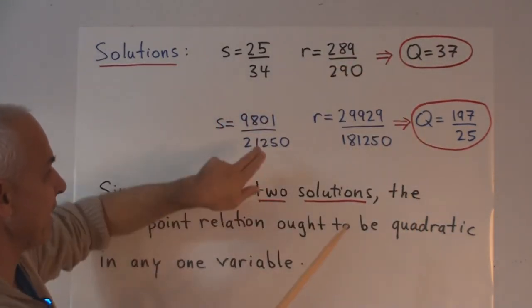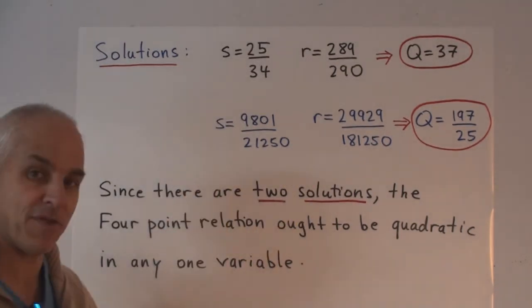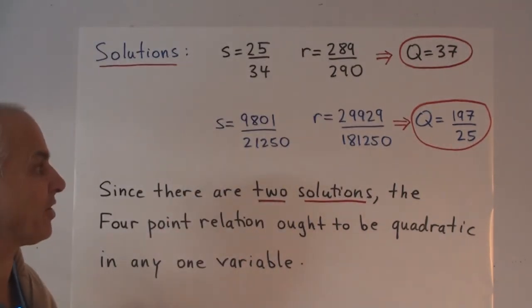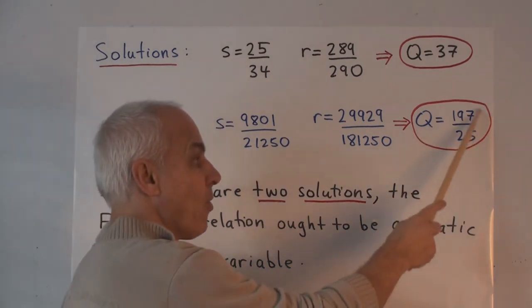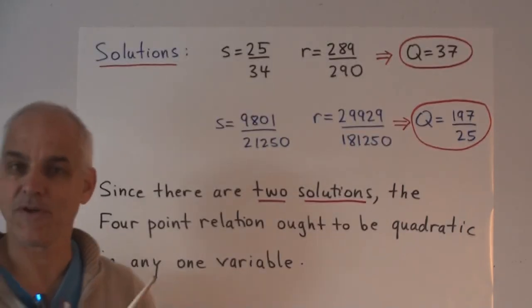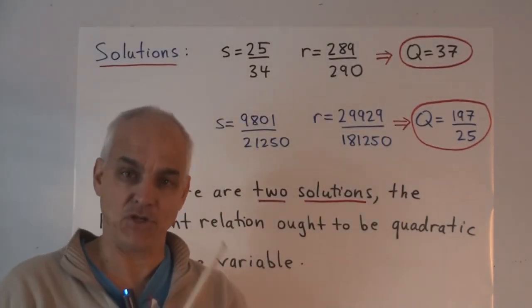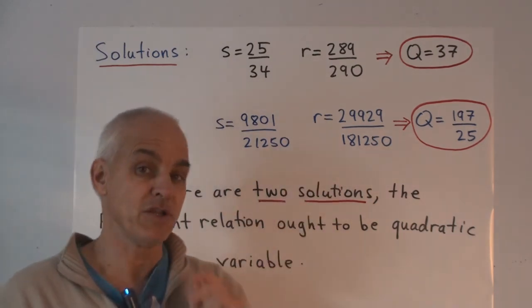And the other possibility is that S and R have these two values. They also satisfy the quadratic condition that we've determined. And in that case, Q becomes 197 over 25. So we've solved our problem. We have found the two possible values for Q. And both of these values are legitimate.